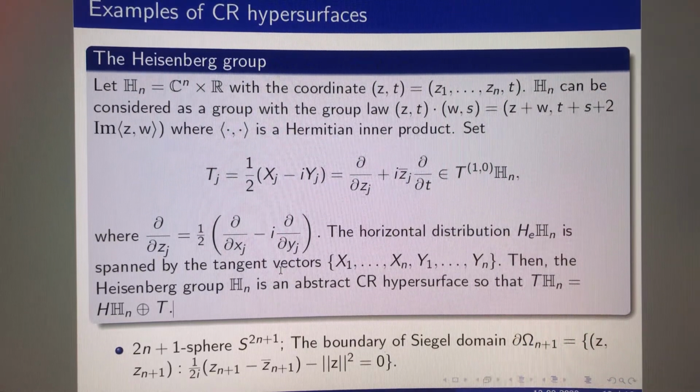We usually call a CR manifold with CR codimension 1 a CR hypersurface. So in other words, the Heisenberg group is also called an abstract CR hypersurface.